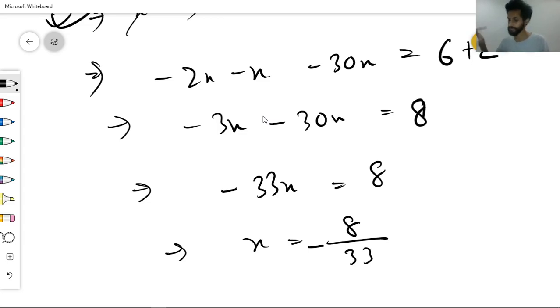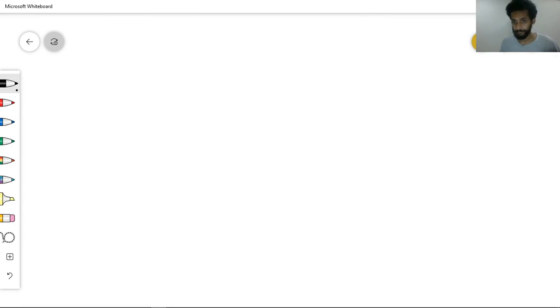Now the MCQs. MCQ question number 23 is the same as question number 5. Question number 5 we have already done, and question number 6 also we have done. So I guess you can do it.